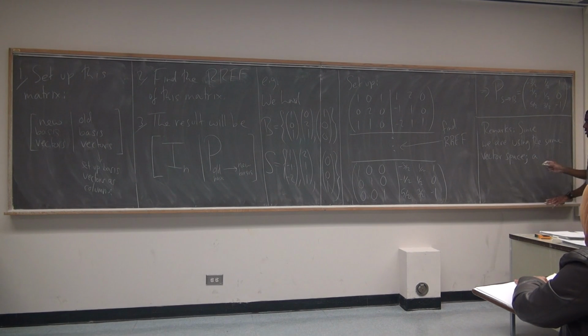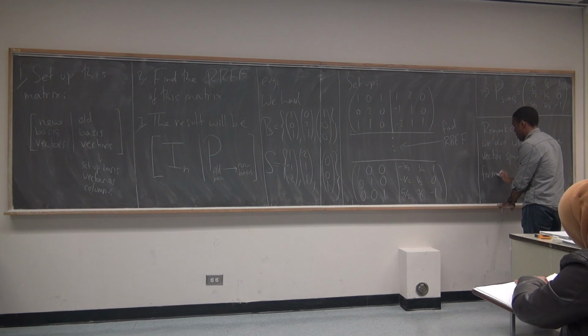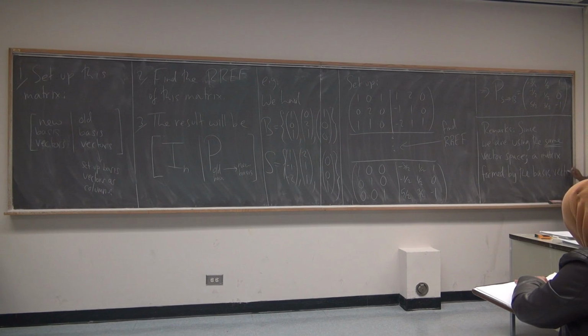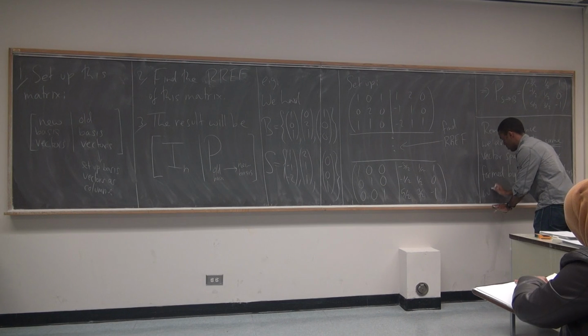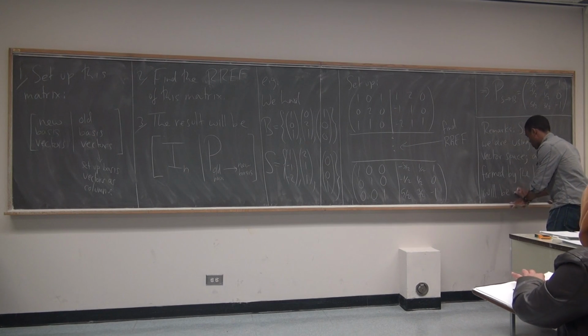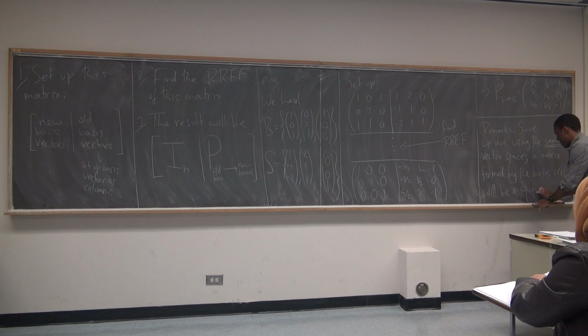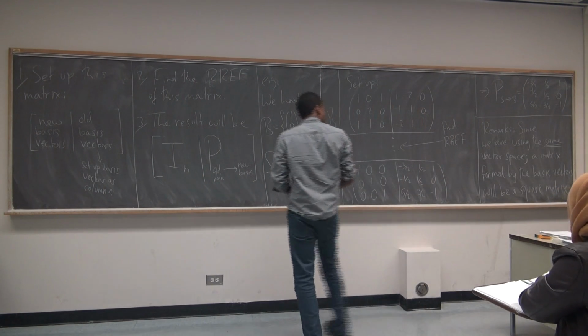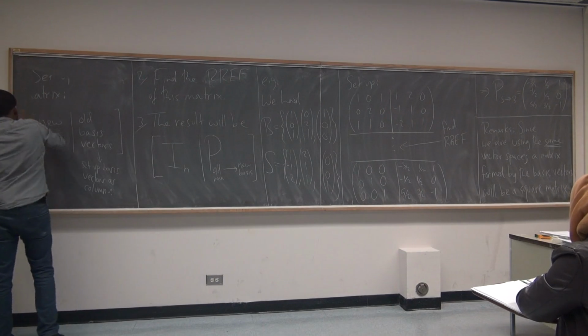Things don't always work out this nicely. I just want to point out that this is working out because we're using the same vector space, which means the matrix formed by the basis vectors is going to be a square matrix.